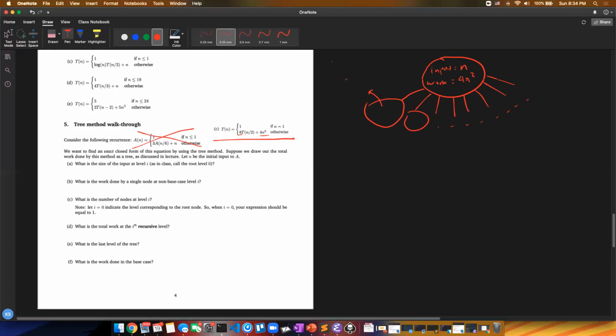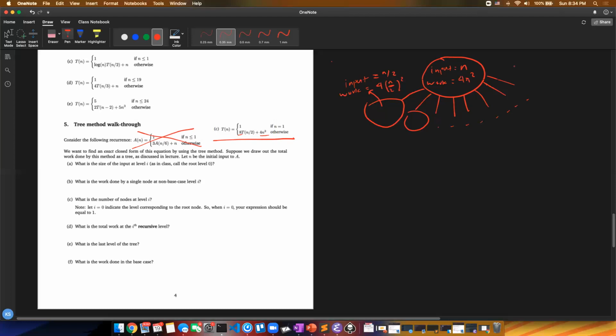And so our input in the second level will be n/2. And work in this case will be 4(n/2) squared. And this is something important to realize: because our n got divided by 2 through this recursive call, our work also gets impacted by the same amount as our input.